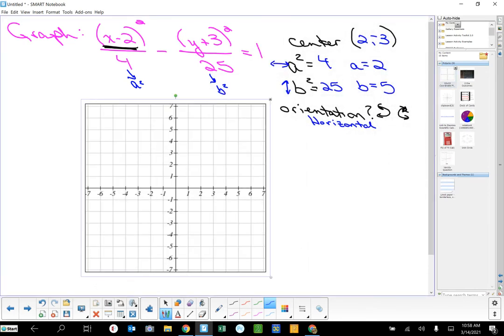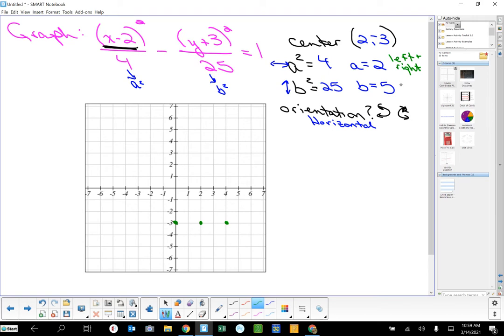All right. So we're going to plot the center. I'll do that in green. 2, negative 3. Now we're going to go left and right, just like in an ellipse. Left and right, 2 units, and plot them.